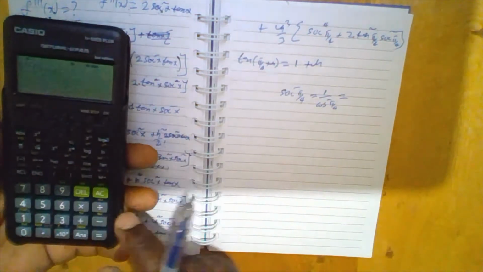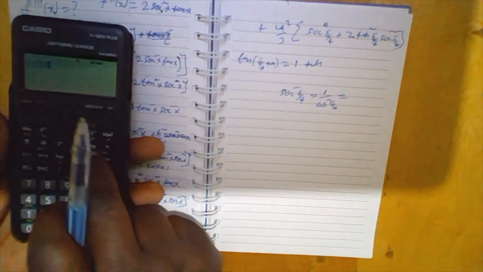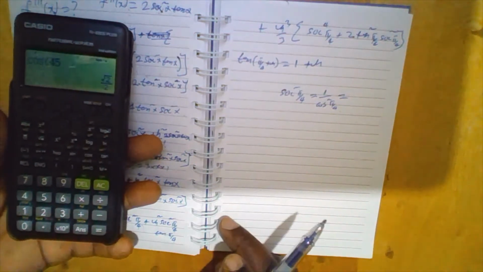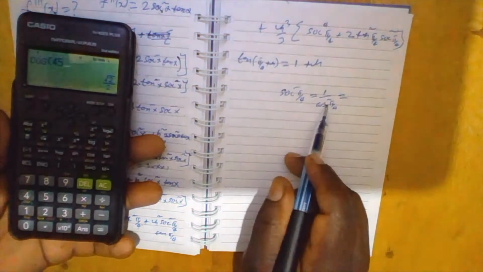So first of all we get cos 45 equals root 2 all over root 2, and then we square it.